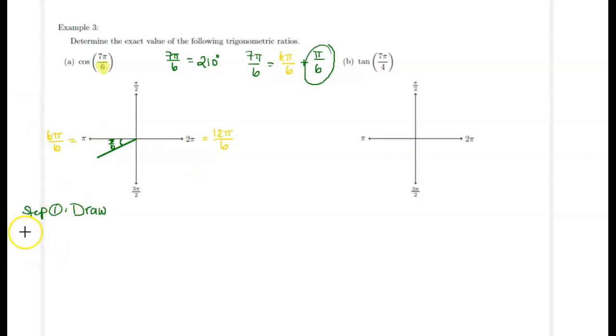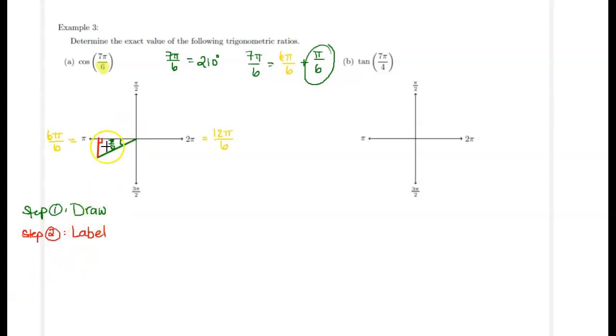Now, step 2. I connect and label. So I'm going to connect my arm here to the x-axis to make a triangle. Triangle that up. And now I'm going to label the sides of this special triangle. So which special triangle are we using?